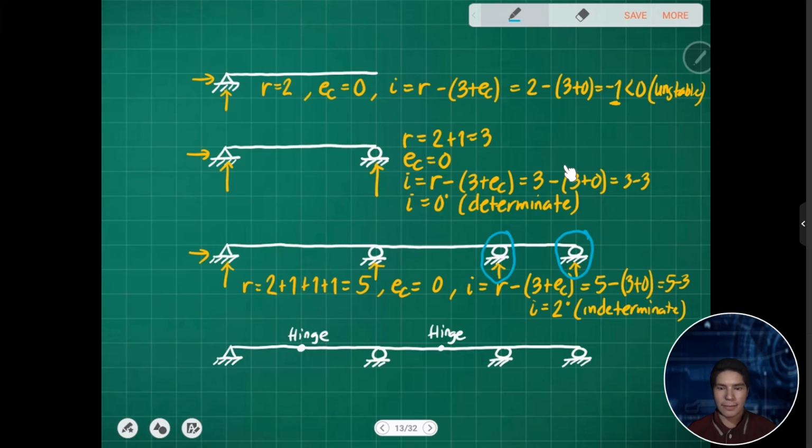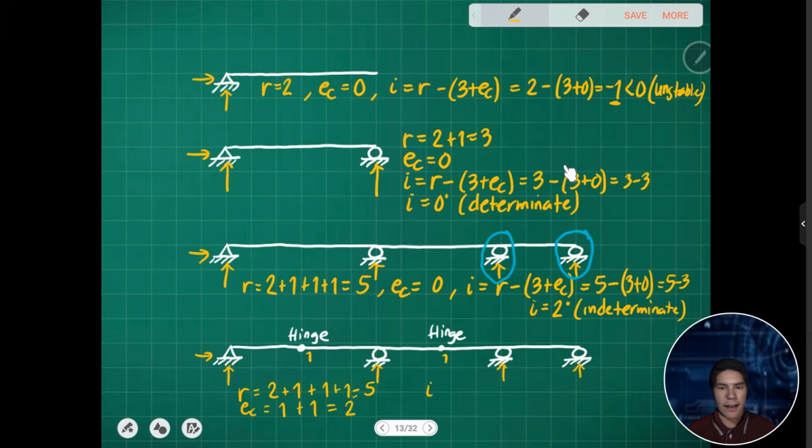Again, here we have reactions. So the number of reactions is we have 2 plus 1 plus 1 plus 1, so a total of 5 reactions. So EC we have again 1 and 1 for the internal hinge.